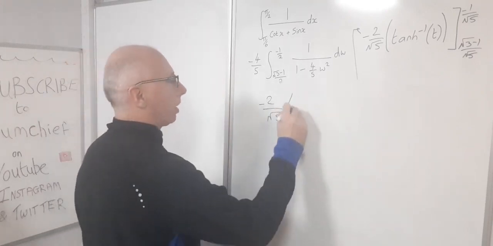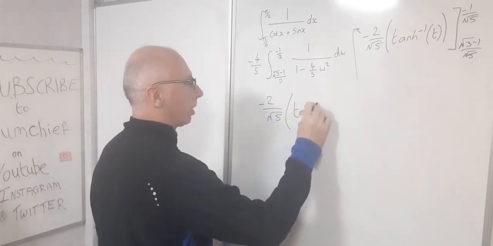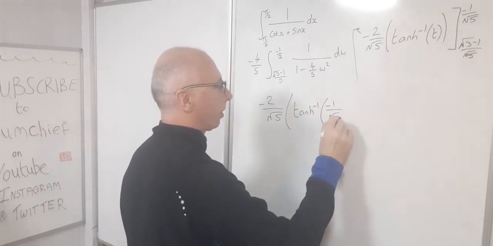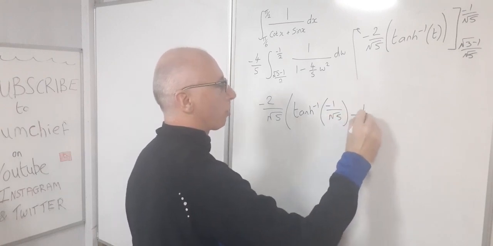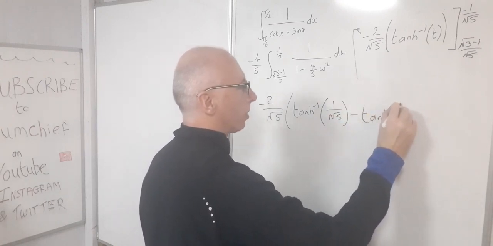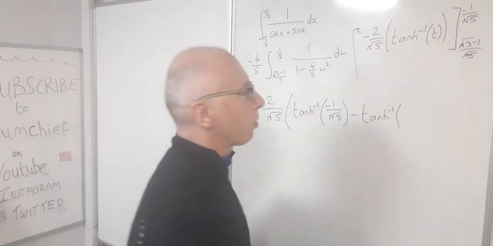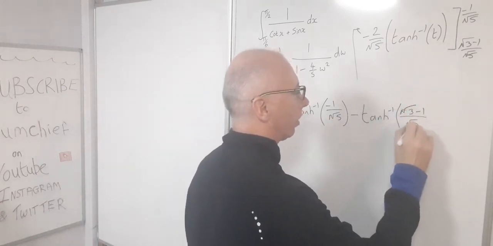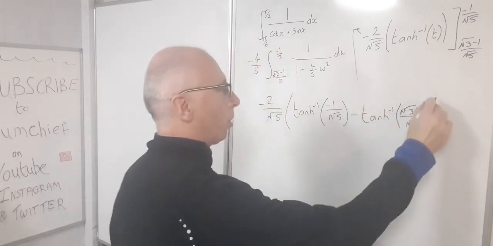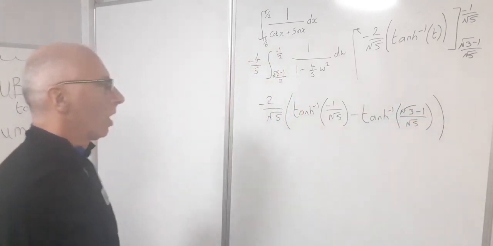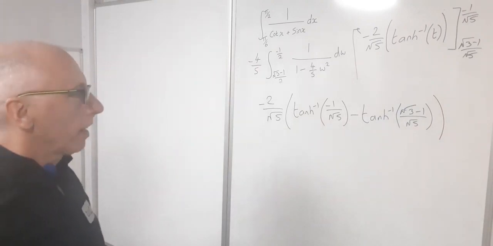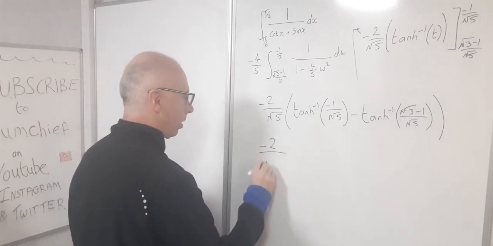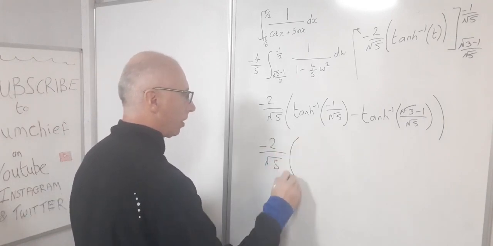And then we've got hyperbolic tangent of minus 1 over root 5, and then we're going to subtract the hyperbolic tangent of root 3 minus 1 over root 5, with more brackets in there. Now let's get the calculator out and see what we get for this.